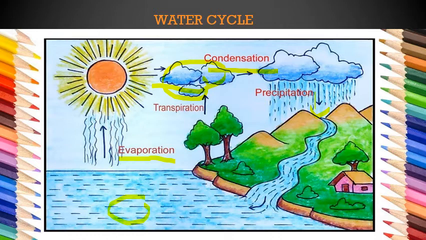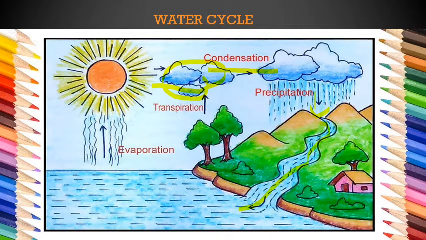Now once it falls down as rain, it gets collected as rivers and comes down and gets collected in the ocean or the sea, back to the ocean or sea. This process is called the water cycle. The words that you need to remember are evaporation, condensation and precipitation.